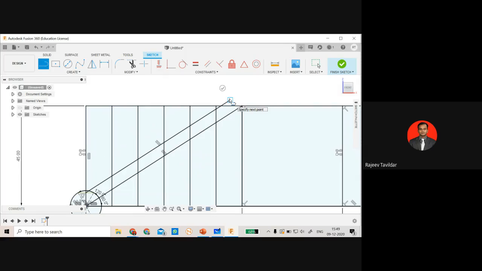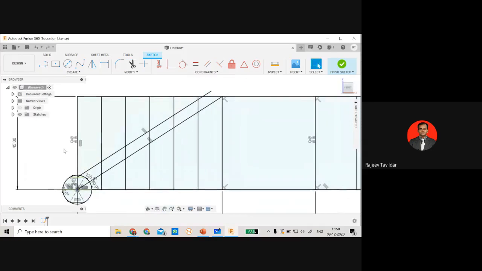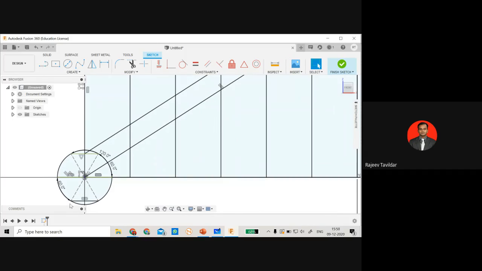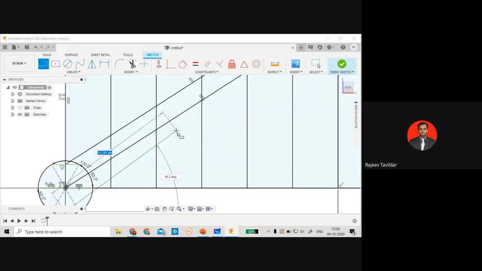Okay, in this fashion. Can you see what I've done? At the top horizontal line, I've drawn from the midpoint so that it is parallel to our previously drawn line. I'll have to repeat the same step for the bottom horizontal line. That is from here, I'll draw a line so that it is parallel to this line.